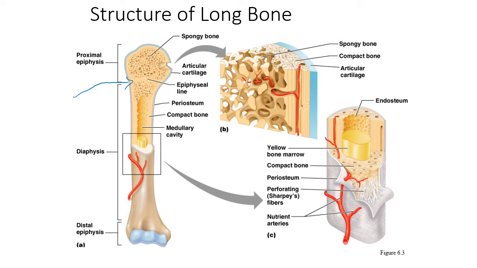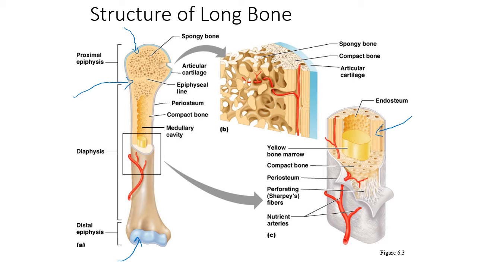You can see on this particular picture as well, you have the compact bone on the outside. Where the bone's going to continue to articulate, we're going to have hyaline cartilage, and so that articular cartilage remains on the outside of the bone. Here we have an image of the medullary cavity and the diaphysis.